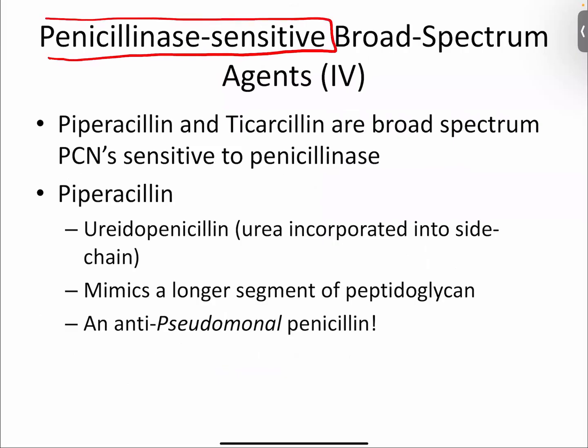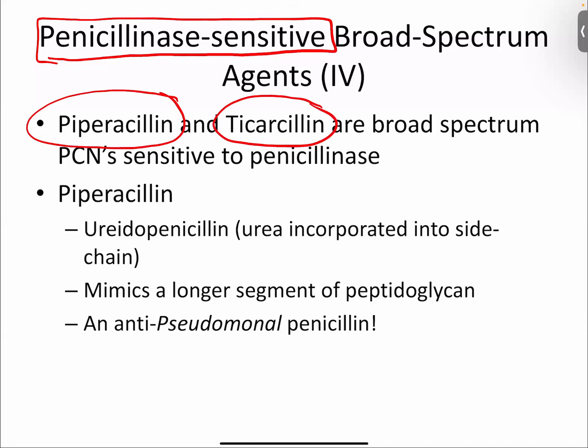We're going to shift gears and talk about some penicillinase sensitive, broad spectrum penicillin derivatives. Piperacillin, and then a classical agent that I don't even think is available anymore, ticarcillin.